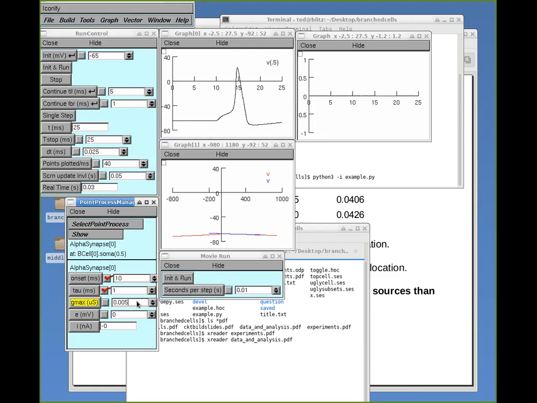And that was for our 5. Gave us a subthreshold, and divide by 8. Whoops. 5 divided by 8 was close to a millivolt.